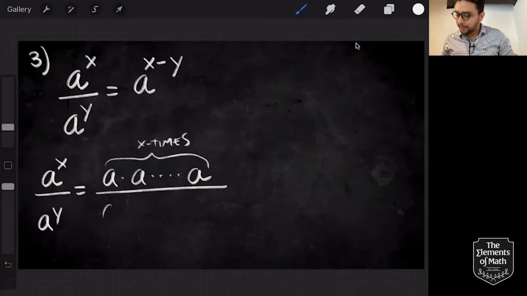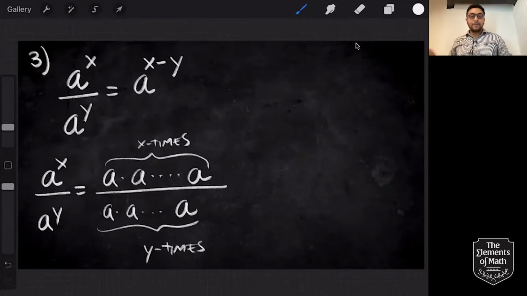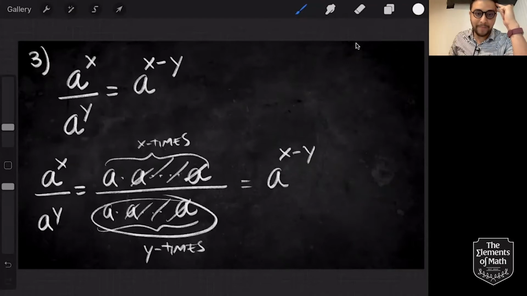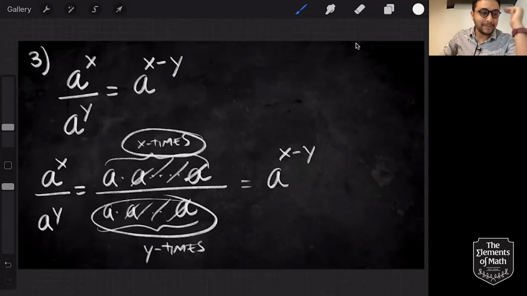And at the bottom, you have a times a, y times. And then you're going to be able to simplify those because you have a product at the top and the bottom. So you're going to simplify a couple of values. At the end of the day, you're going to have exactly the difference between x and y, because you're going to be canceling the number of y's that you have at the bottom with the number of x's that you have at the top. Great, right? I hope it makes some sense.